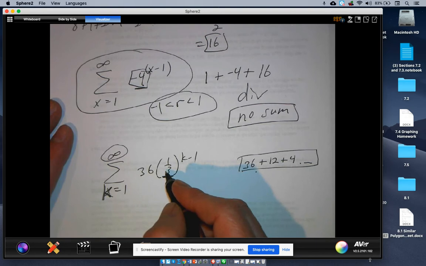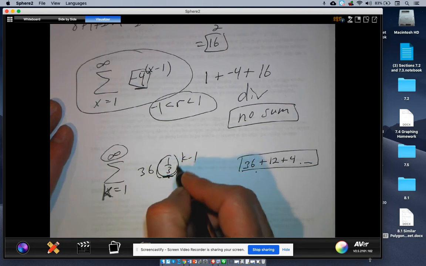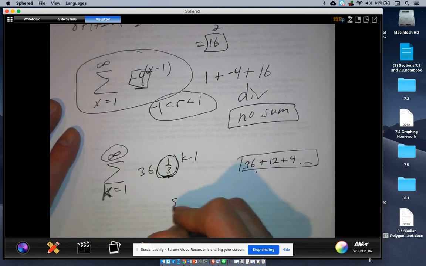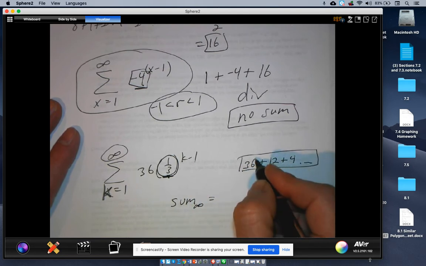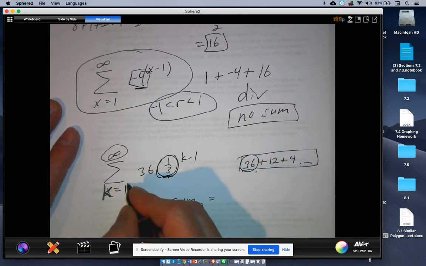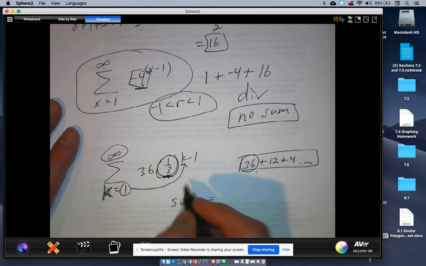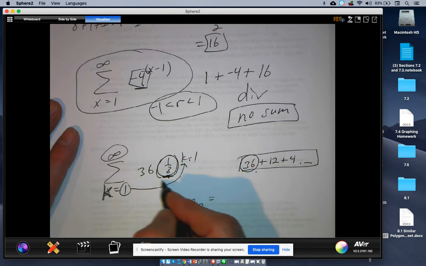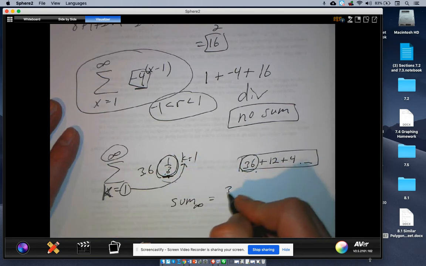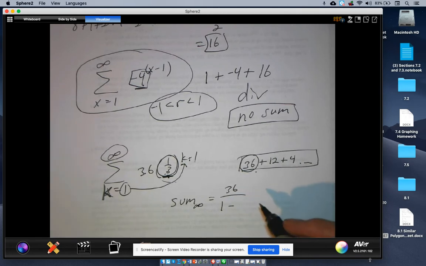I want to add that up. So basically that's what I'm doing right there. But all I have to use is the formula. So when this number is between -1 and 1, here's my formula. The sum equals the first term. So my first term is 36. And to get your first term, take 1, put it in here. 1 minus 1 is 0. 1/3 to the 0 power, this whole thing becomes 1. Anything to the 0 power is 1. So 1 times 36 is 36, over 1 minus the common ratio.